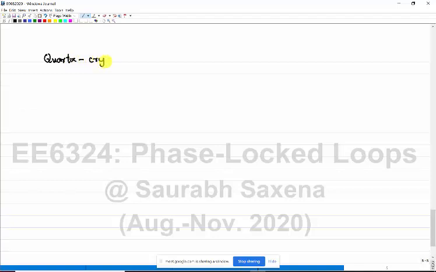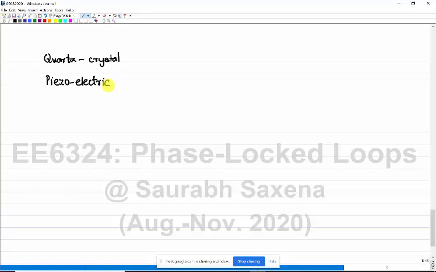Depending on how you bias it and provide the energy required, you have a certain number of vibrations for this crystal per second, and it is very precise depending on how you manufacture it.